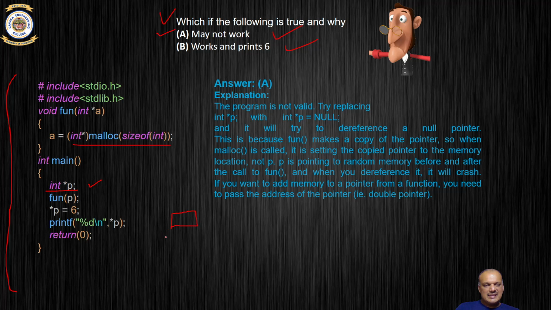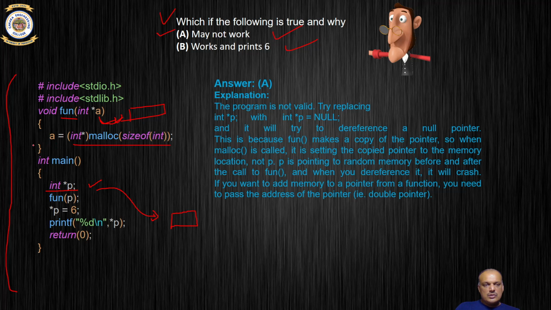It is very similar to a local variable. This pointer also is in the stack. Sorry, P is in the stack of the scope of the main function. A is in the stack of the scope of this function fun.